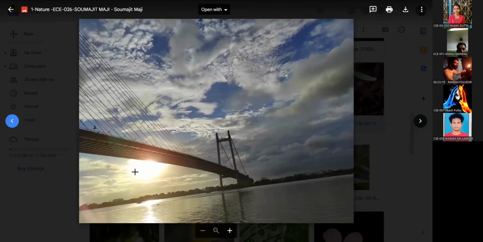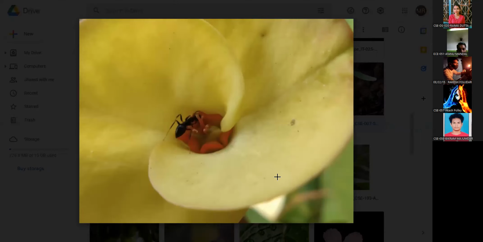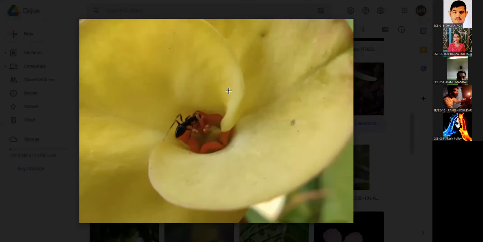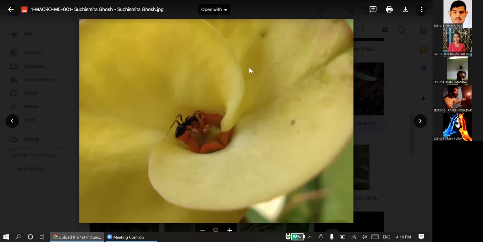Yes, Suchishmita Ghosh. Okay. You took this picture, your camera lens was very close to the object, and information is lost because you are so close to the object. If you could take the outline of this flower and then what is inside it, then it will be more interesting.